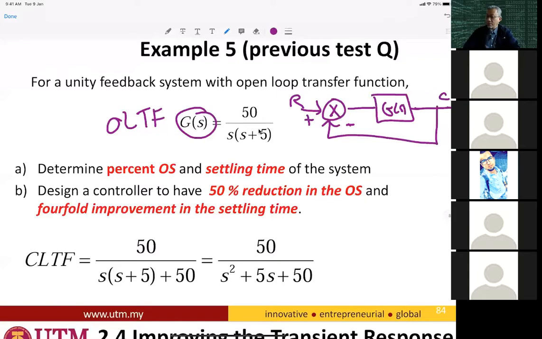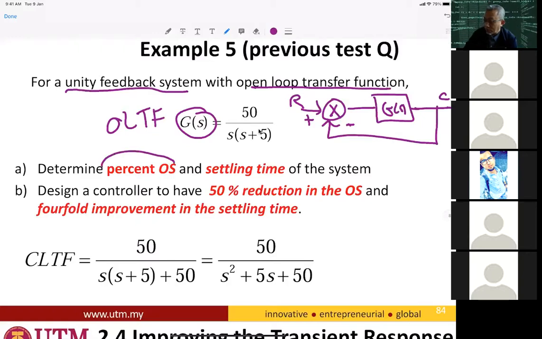The location of the plant G(s) is in the forward path, with a unity feedback, and you have to determine the overshoot percentage and the settling time.